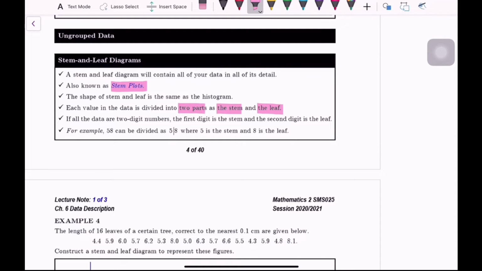If all the data are 2-digit numbers, the first digit is the stem and the second digit is the leaf. For example, 58 can be divided as a 5, 8, where 5 we call as a stem and 8 we call as a leaf.